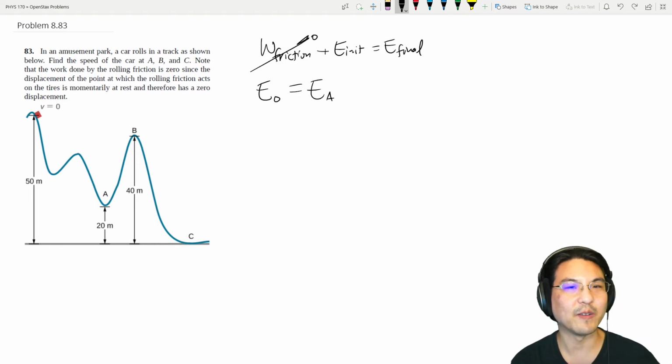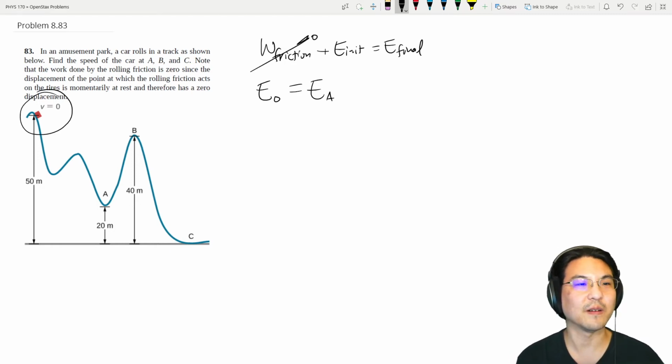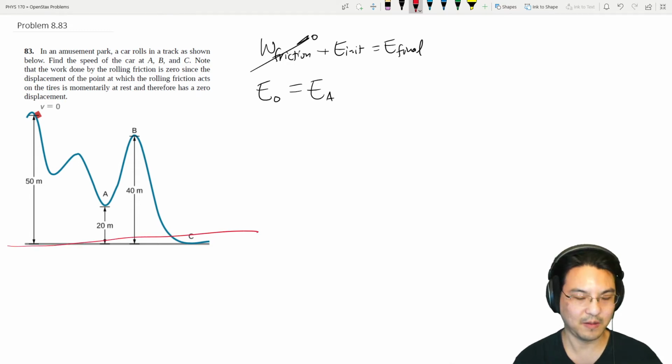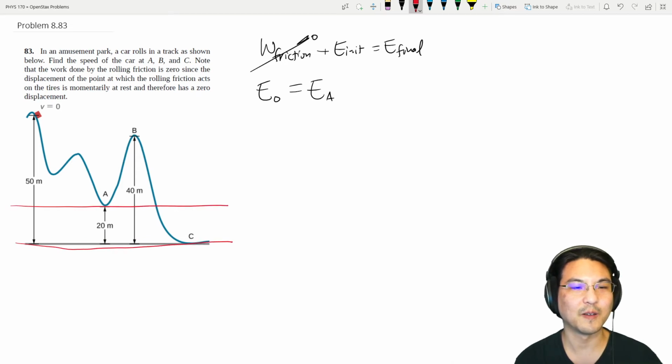Okay, so what's the gravitational potential energy here? Depends on where you pick the datum. So let's just try a few examples. We could pick the datum here, or here, or here. There's no wrong choice.